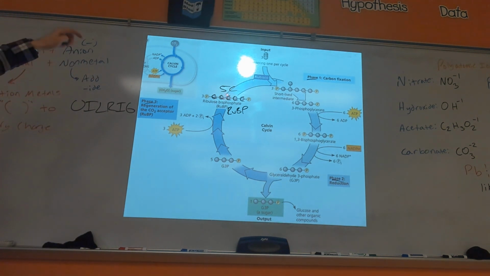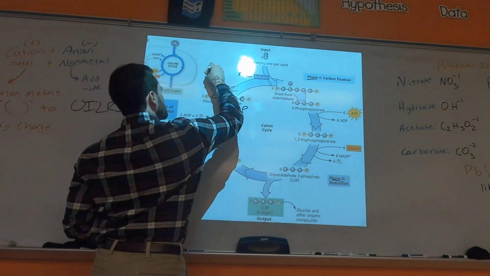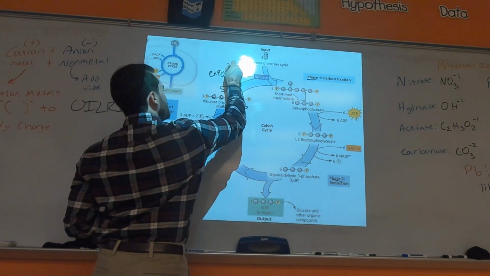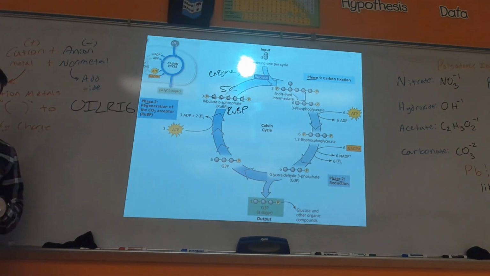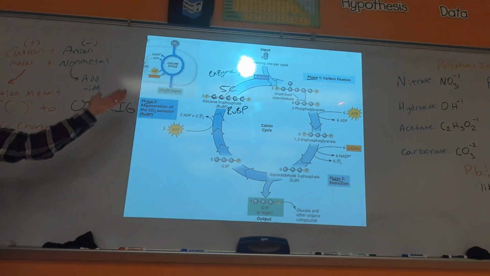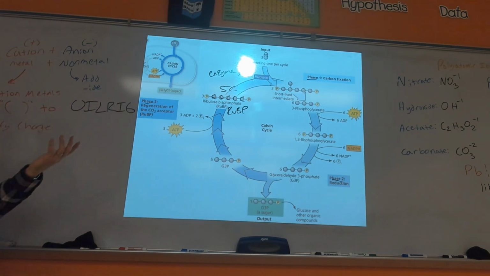We're taking a 5-carbon molecule and using the enzyme Rubisco, which, fun fact, is a protein, and they think it's the most abundant protein on planet Earth, because there are so many plants in the world, and this reaction is so important. Anyways, I thought it was kind of cool.